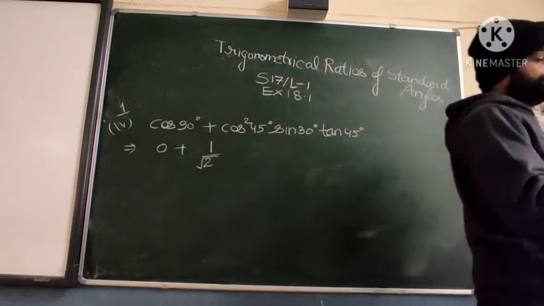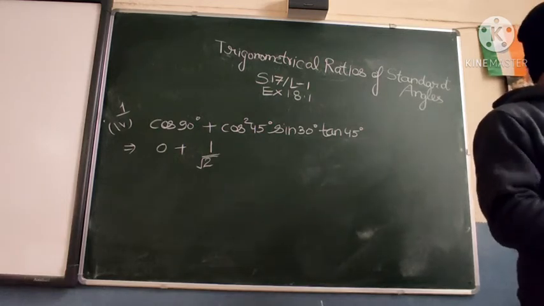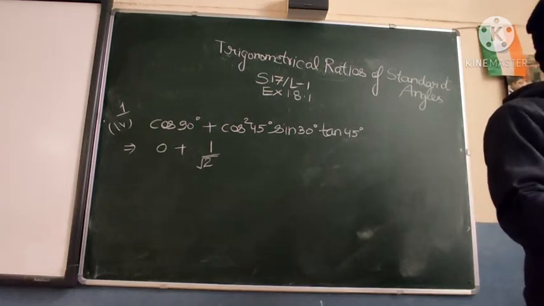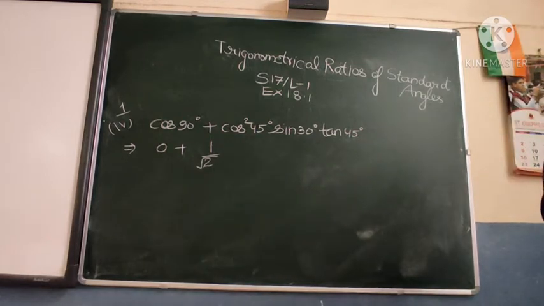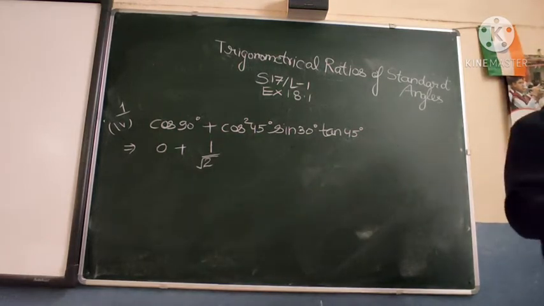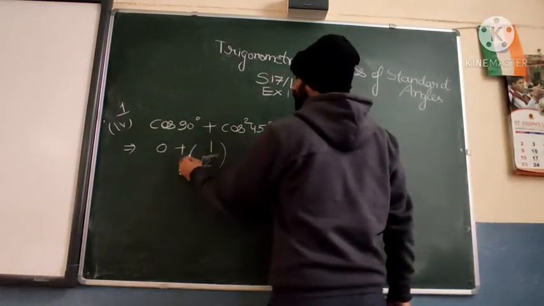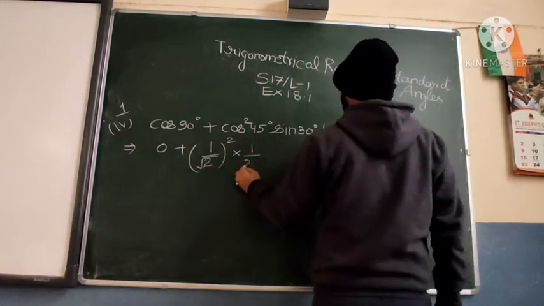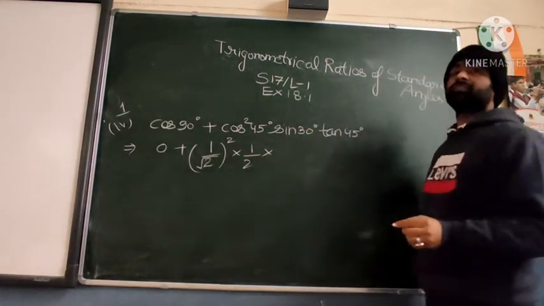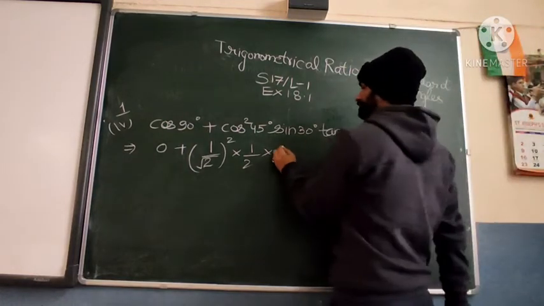And then what more values are they asking? Sin 30. Sin 30 is 1 by 2. Cos 45 is 1 by root 2. And see, it is asking square, so it will be a square of this one. Sin 30 is half. And tan 45 is 1.